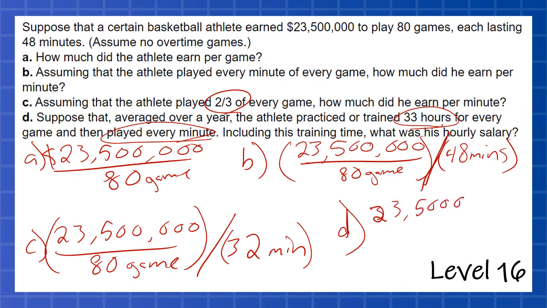They started with this much money for the year, but that's for 80 games. Each game cost them 33.8 hours. Why 33.8? Because of 33 hours for every game in practice, plus the 48 minutes, or 48 out of 60, for the time they played in the game.